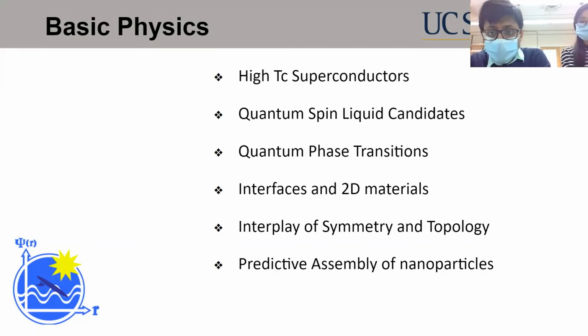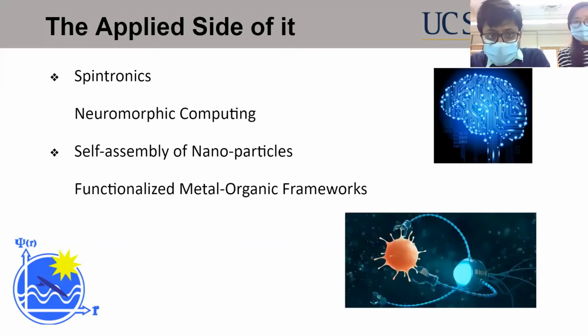Once we know something about the basic physics, we want to apply it. On the application-oriented side, we apply it to spintronics. That's like the younger brother of electronics. It's more cool, more gadgety, less energy hungry, more efficient, and all that.